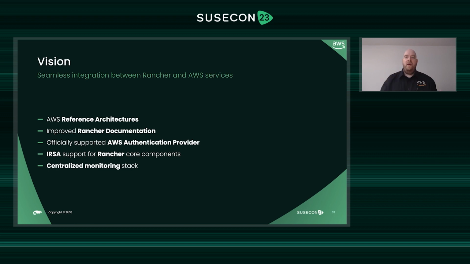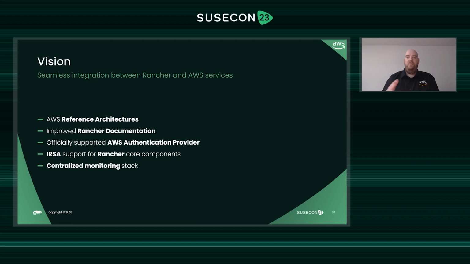Steps that we want to take to make our vision happen. We want to work on reference architectures that you can use to get started quickly without reinventing the wheel. Continuous improvement of Rancher documentation, for example, to provide more guidance on how to configure the integrations we talked about earlier.